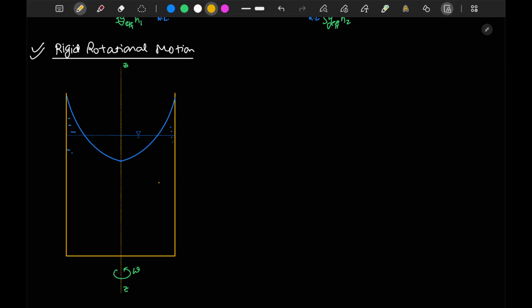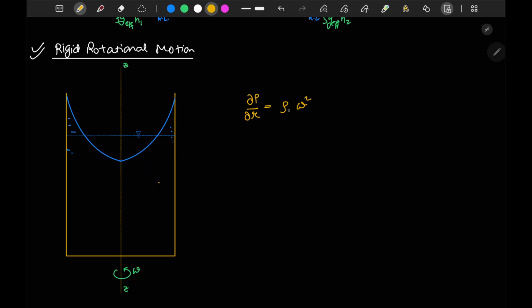For circular motion the centripetal acceleration is given by r omega square. So from the translation equation, if I convert from Cartesian coordinates to cylindrical coordinates, I can write dp by dr is equal to rho r omega square.